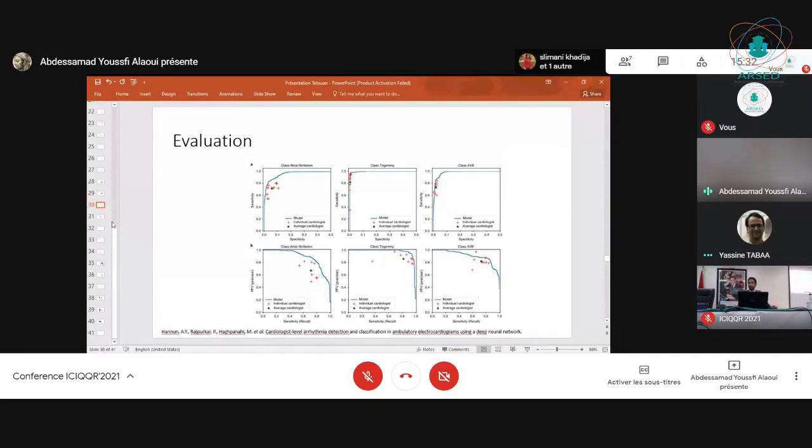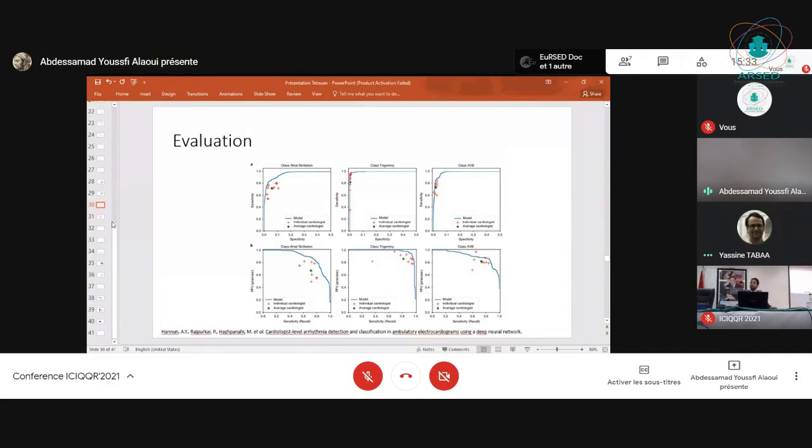This figure illustrates the ROC curve using specificity and sensitivity, calculated after, of course, training their model. It's the cumulative representation of the specificity and sensitivity for the testing data.